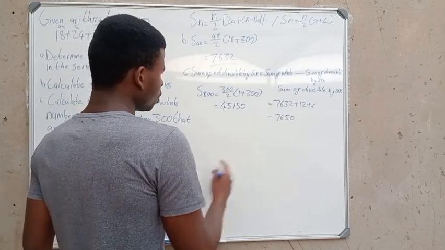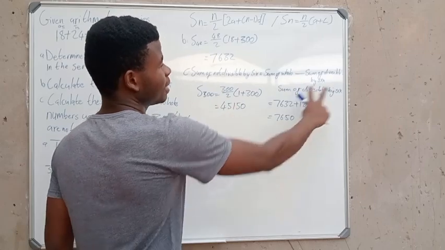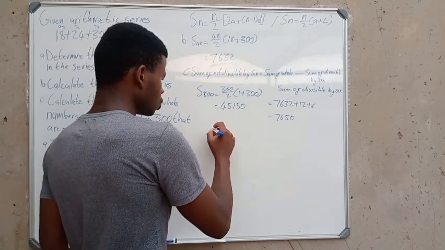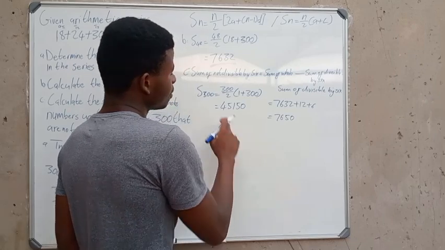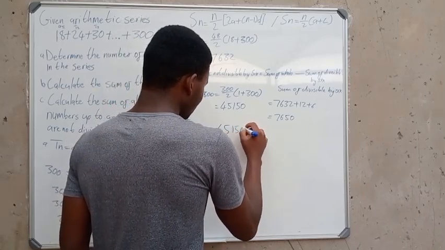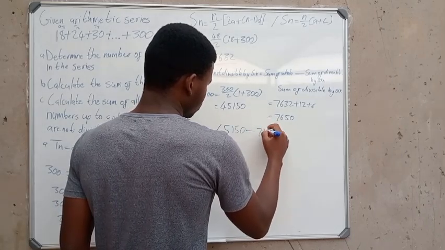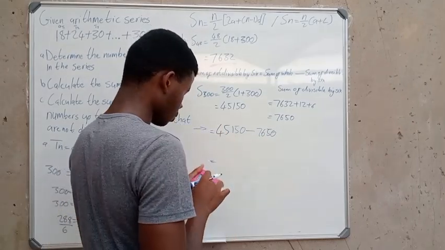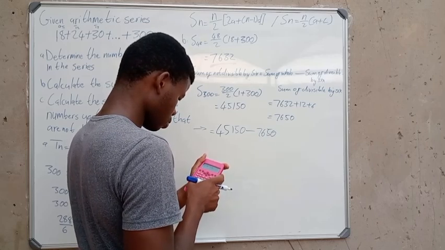Okay, so for us to find the sum of those not divisible by 6, we say the sum of the whole numbers minus the sum of those divisible by 6. So we're going to say 45,150 minus 7,650.